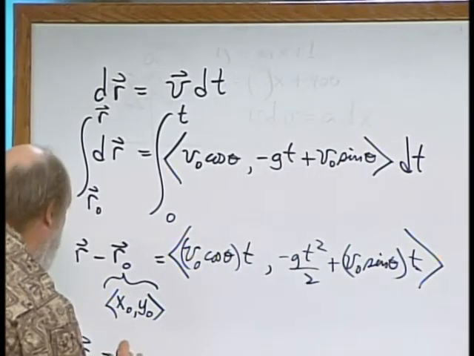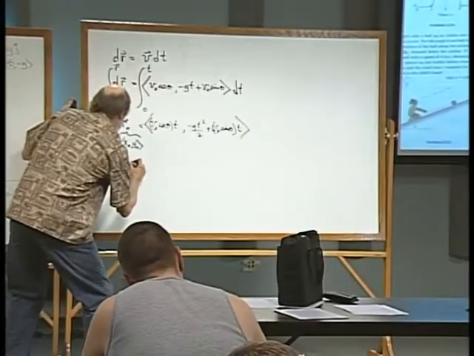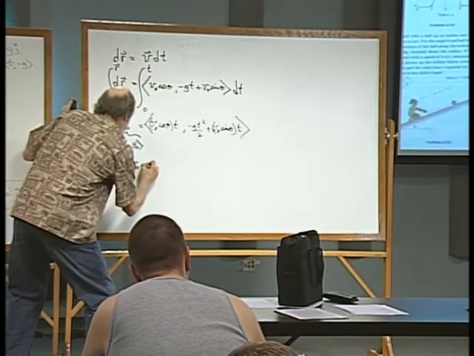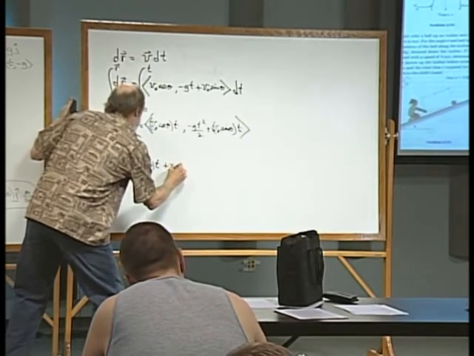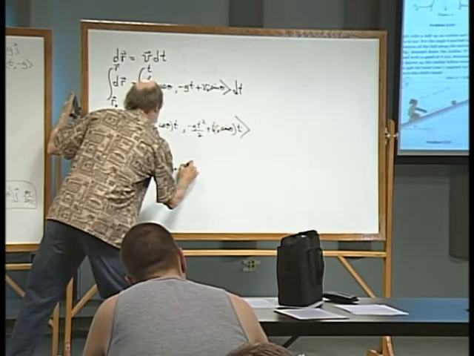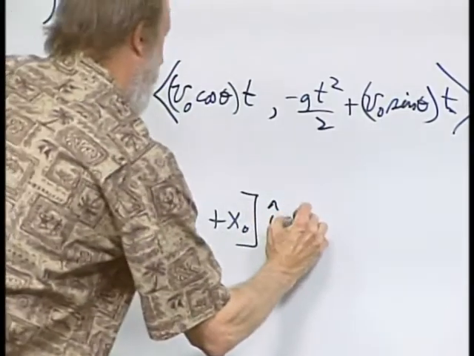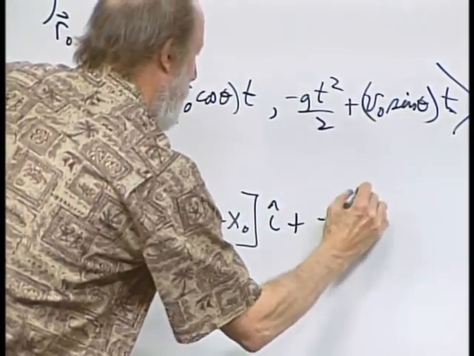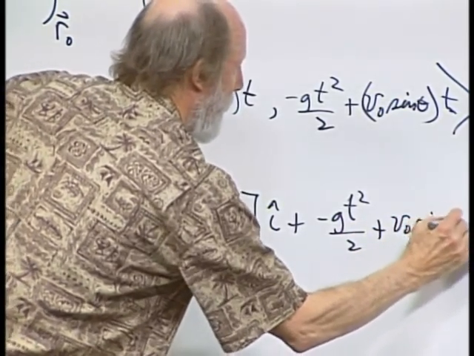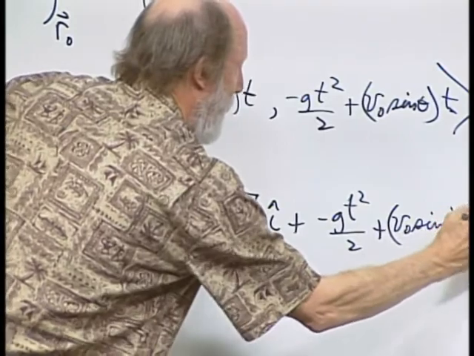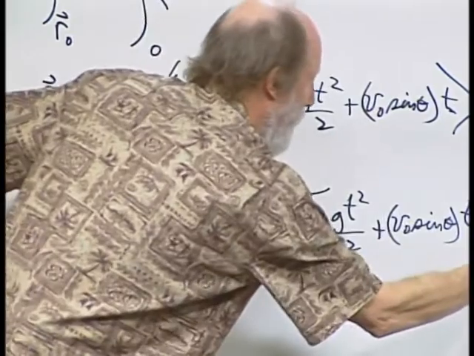So we get the theory worked out here. So we end up with, I'm going to go ahead and use ij notation now. So I'm going to pick up a v naught cosine theta times t plus x naught i hat, and then plus a minus gt squared over 2 plus v naught sine theta times t plus y naught j hat.